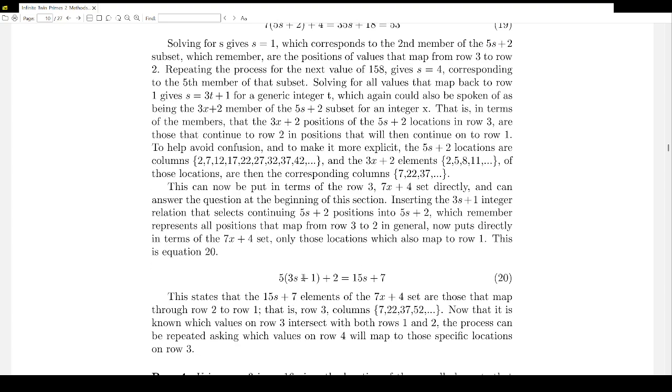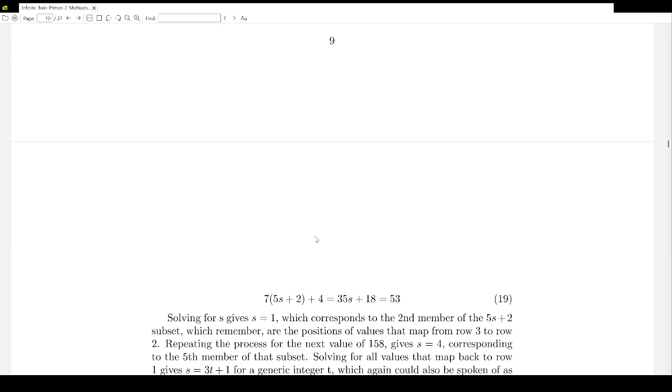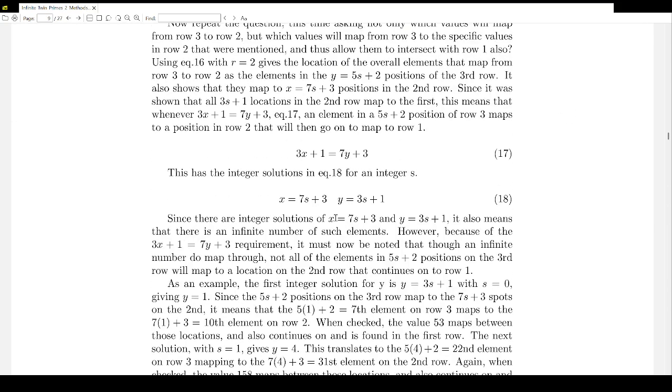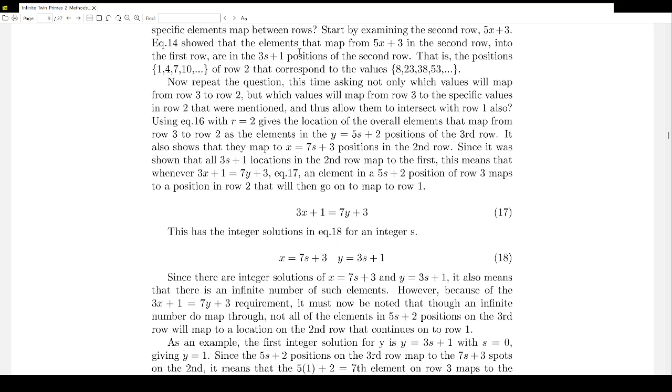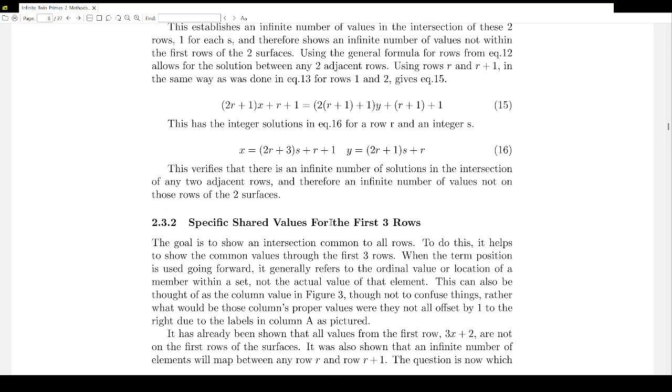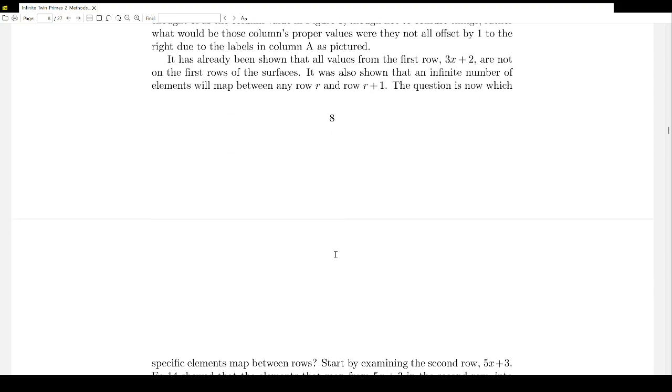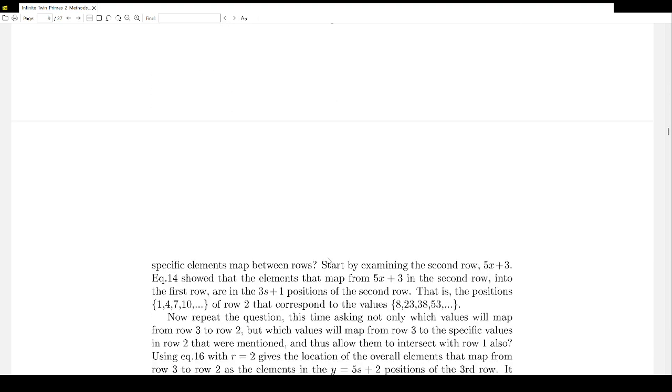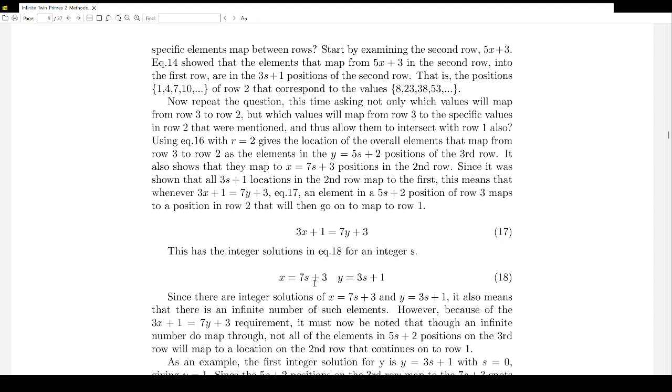We're taking these. So I guess I could say it that way too. If you notice, for any of these that we do for a specific example or even for the general form, yes, we're dealing with lines that represent each row, but it also turns out that our generating functions with these s values can be thought of as lines themselves. 7s plus 3, 3s plus 1, and so forth and so on.